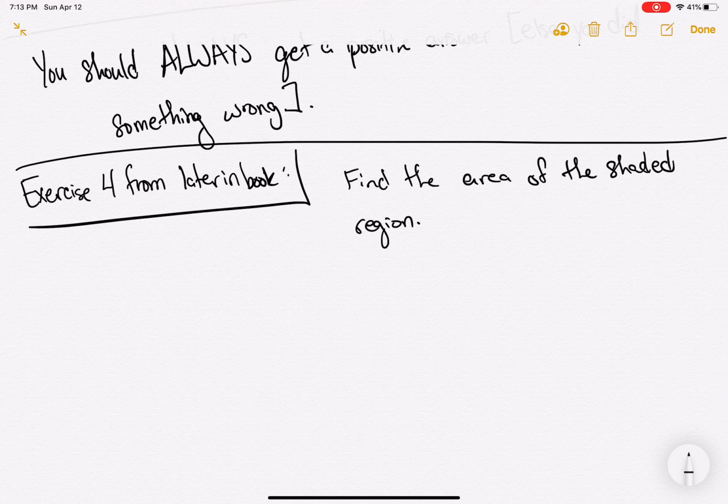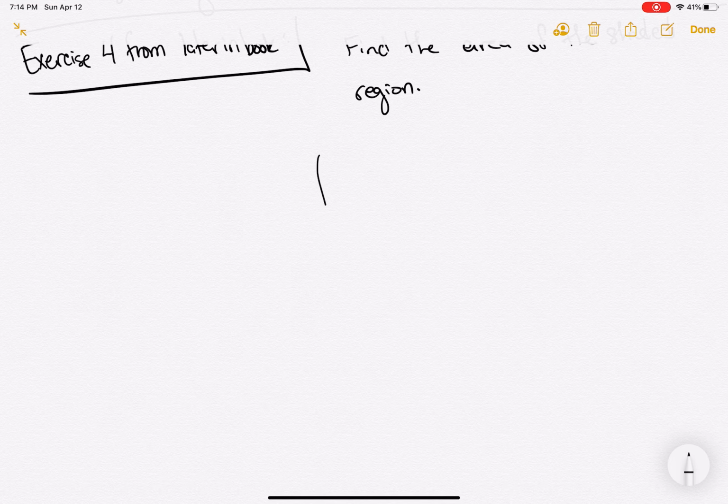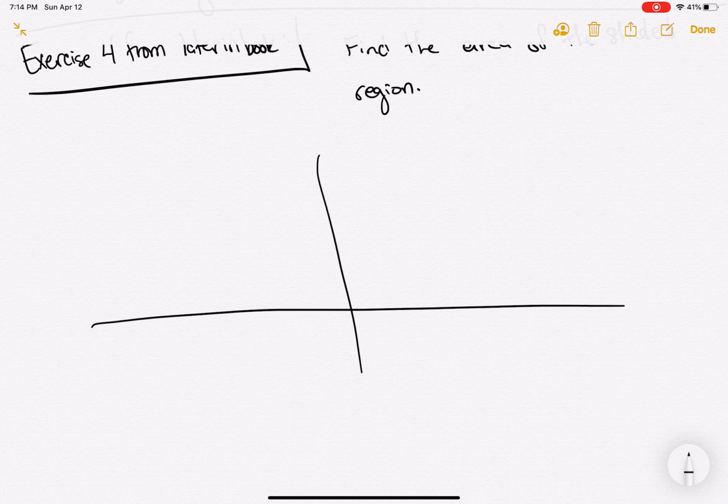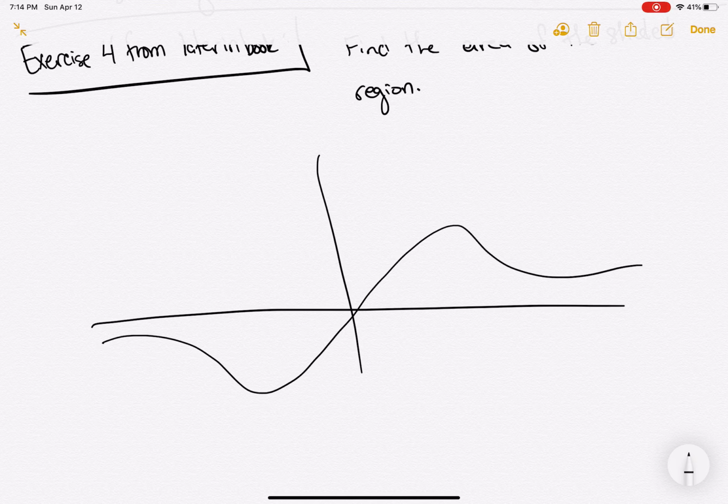Okay, so here's our function. It's funny looking. It's supposed to go through the origin, and there you go, it goes through the origin. This function is y equals 2x divided by x squared plus 4.